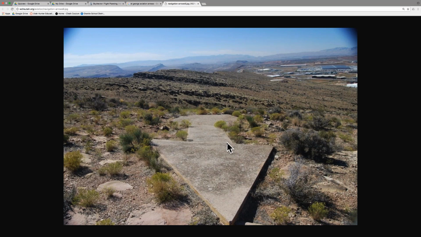Yeah, I think this is the Hurricane one. But yeah, this is what they used to use for navigation back in the good old mail days of the 1920s and 30s. They'd see a light on the horizon, they'd fly to the light, and they'd see this arrow, and they knew to keep flying that direction.